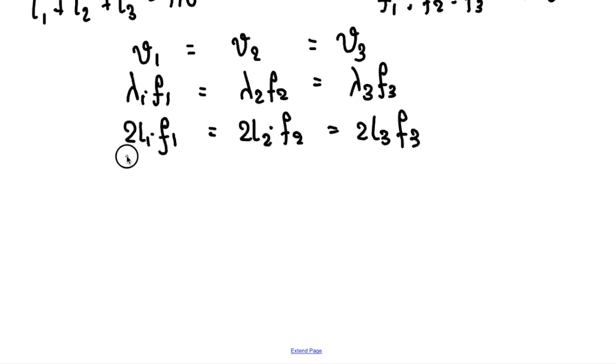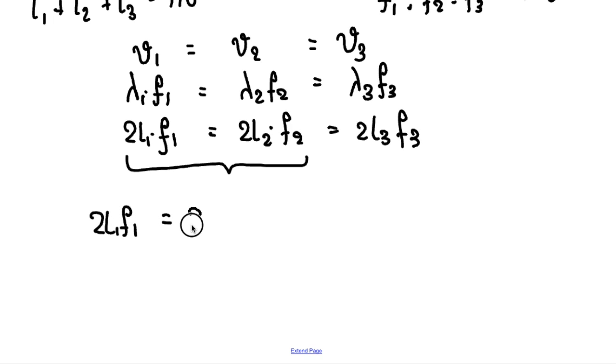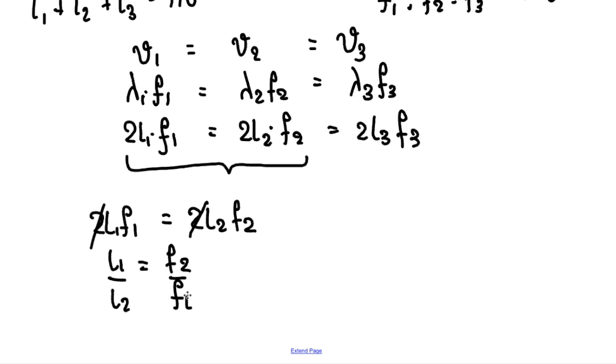Now let us compare these two. If 2l1f1 is equal to 2l2f2, the 2 cancels out, so l1 upon l2 is equal to f2 upon f1.